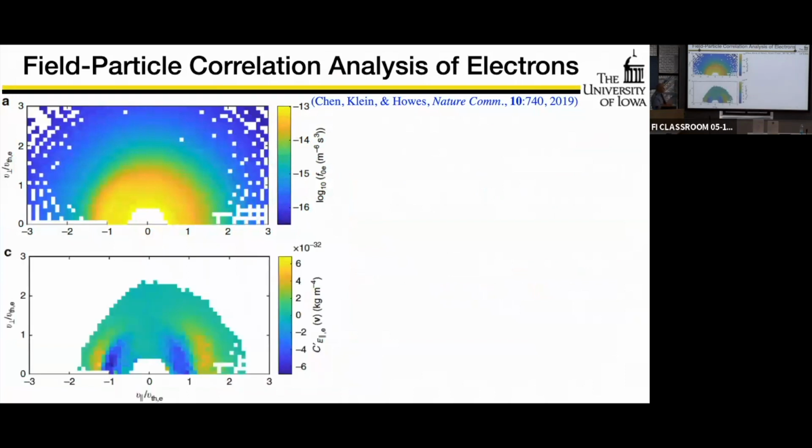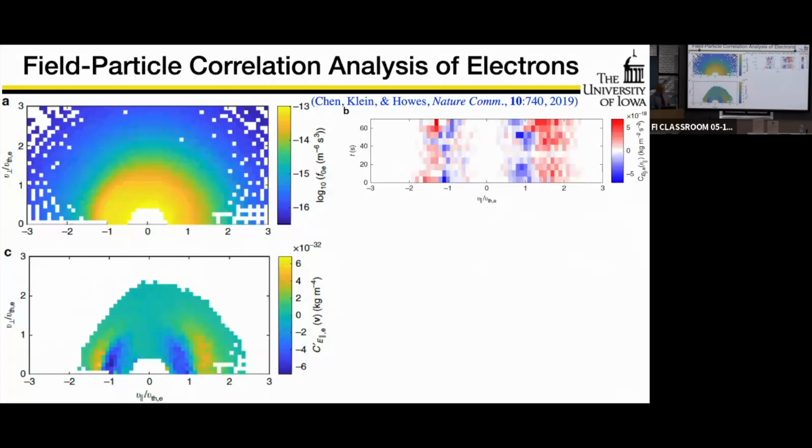But if we take the perturbation to that and correlate it with the parallel electric field, we see these bipolar signatures that arise. And I can take this gyrotropic signature and integrate it down over v perpendicular, because there's not a lot of structure in this direction other than it just dropping off exponentially. All the structure is along v parallel. So I can integrate that down.